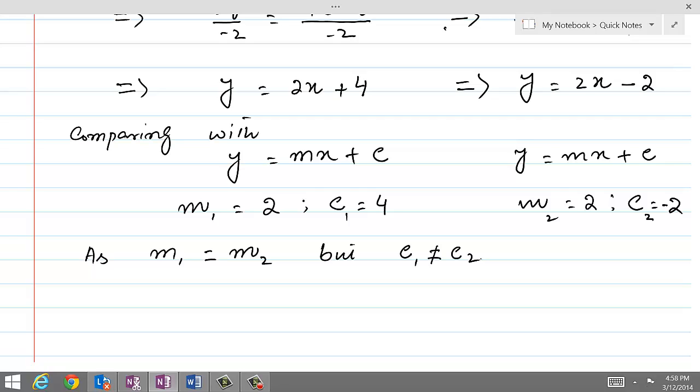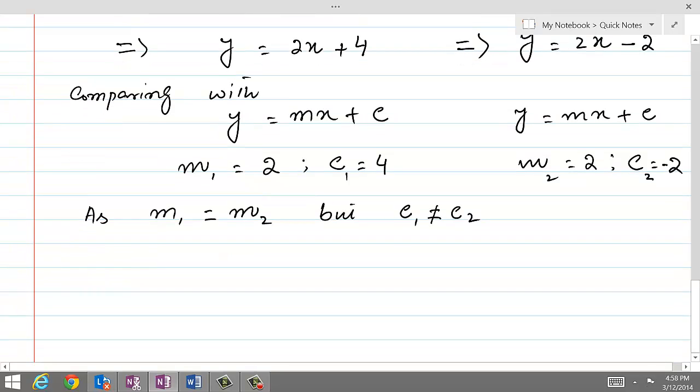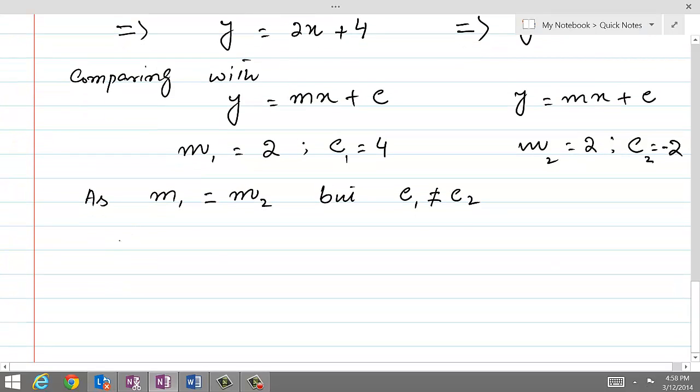So the lines are parallel and they have no solution at all. So the lines do not intersect.